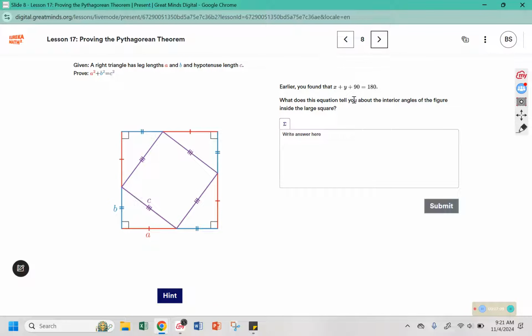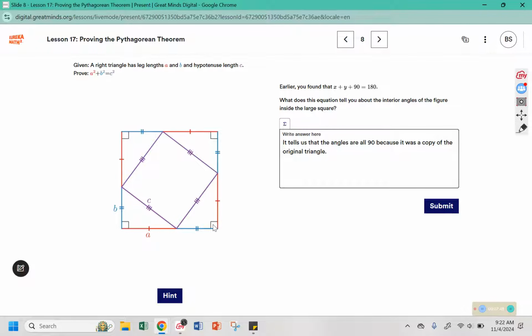So it says earlier you found that X plus Y plus 90 is 180. What does this equation tell you about the interior angles of the figure inside the large square? They're all 90 because it's just a copy of the original triangle. They were all rotations of the original triangle.